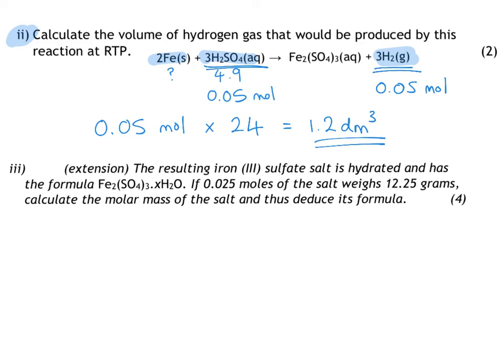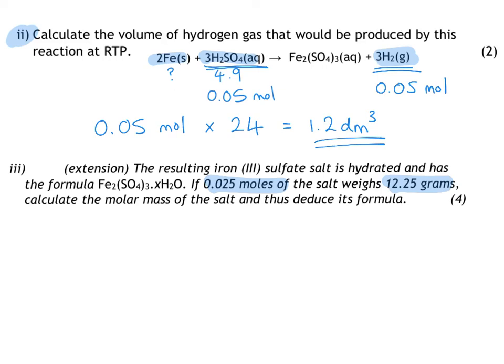The next one is another one to do with a hydrated salt, and it's another one where we don't know what the X in XH2O is. Actually it's really similar to one that we had before, because we've been given the number of moles and the mass in grams.